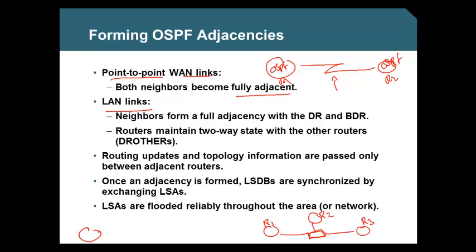Even if you have two routers using Ethernet, FastEthernet 0/0 and FastEthernet 0/1, something like that, even this is considered as LAN by OSPF. This is also LAN, this is also LAN. So what I'm going to say now is applicable for this as well as this.